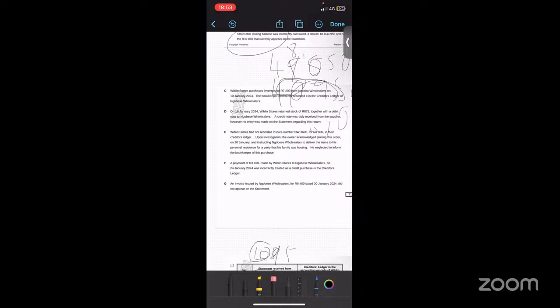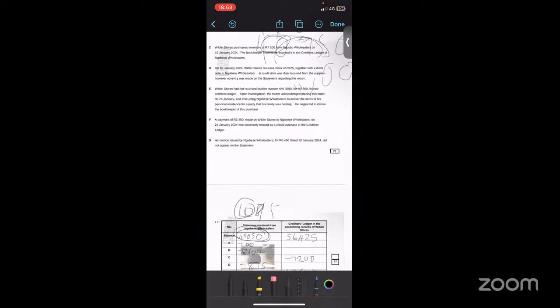And creditors control. Yes, because for this kind of drawings, it's very not normal. We are not used to this kind of transaction where an owner takes something from the supplier, right?